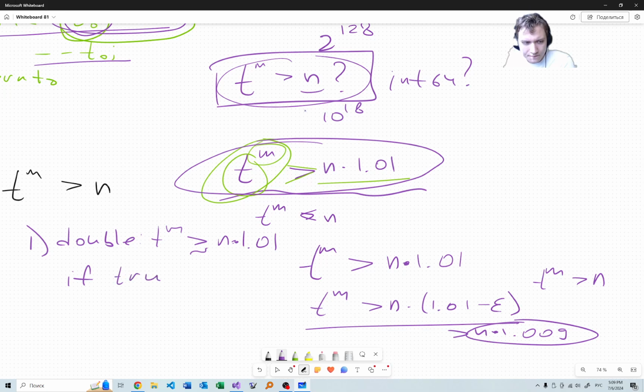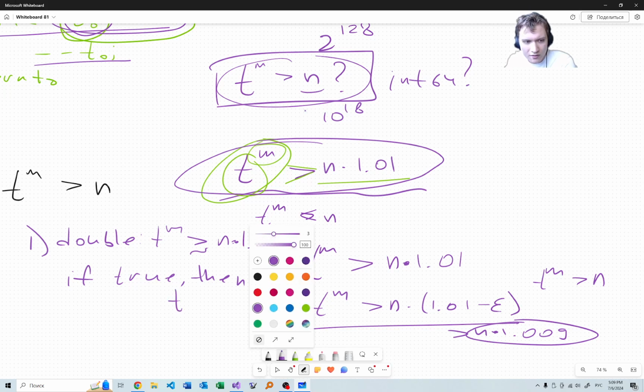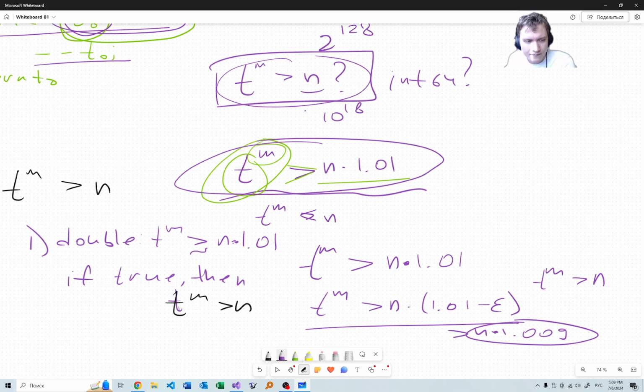If true, then of course t to the power m is greater than n. Okay, now let's assume that it is false. This condition is false. Then we can simply say that we now check t to the power m is greater than n in integers.